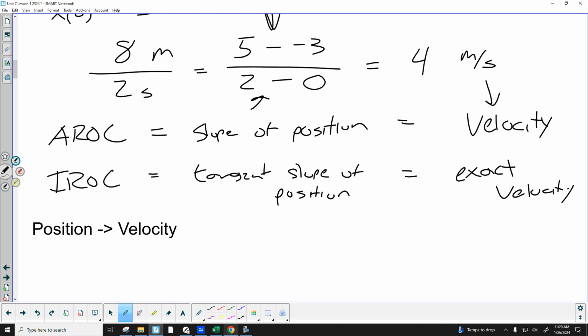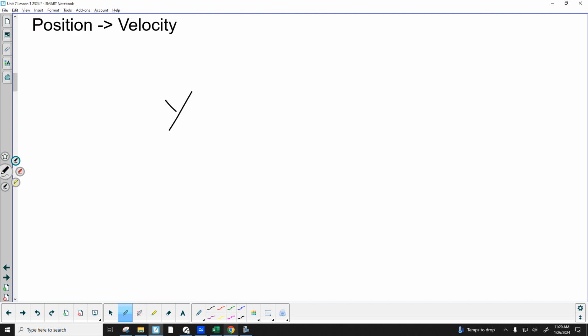Which means the derivative of a position function. How my position is changing. It's got a word for it that you've used in physics. Velocity.